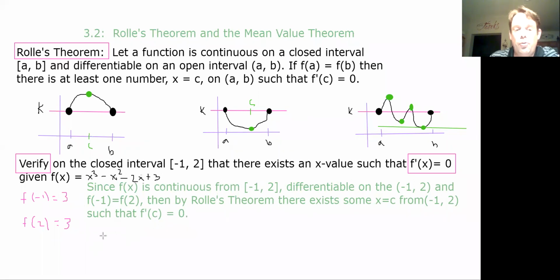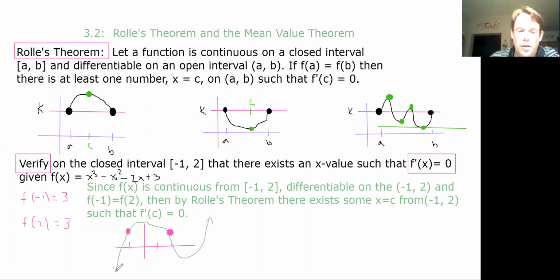And if you graph this, we don't necessarily know what goes on here per se, but I think it's safe to say we could speculate a little bit. We have our values here equal to 3. Since this is a cubic function, it's going to look something like that potentially.